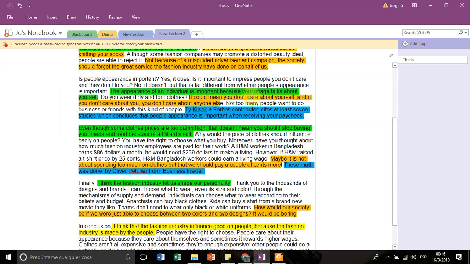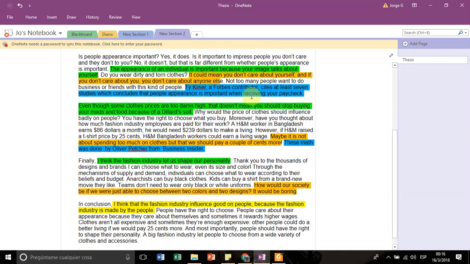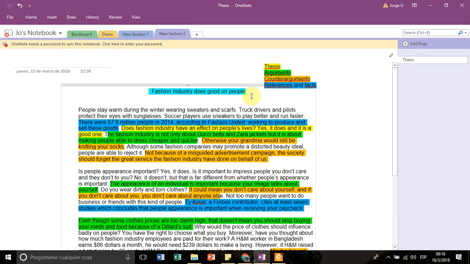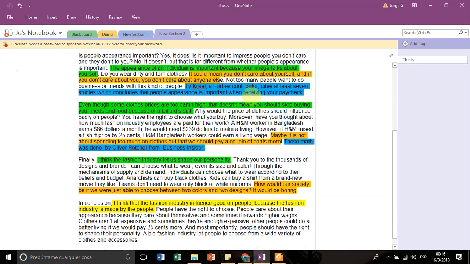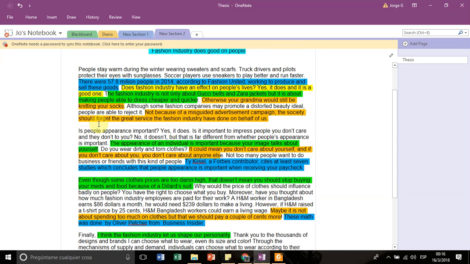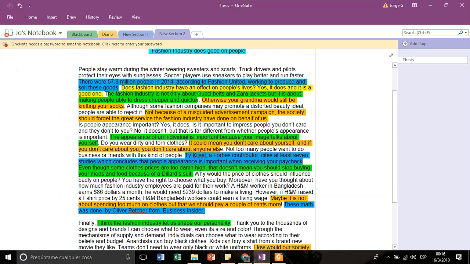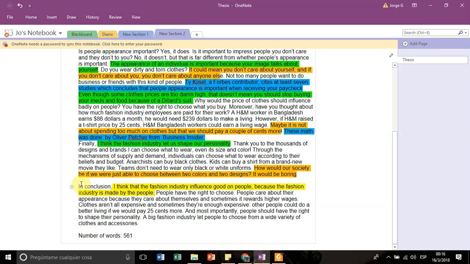Then what is also very important is that you write several paragraphs. I don't want one big paragraph like this. Look, this is not the best thing to do, because this is very hard to read.